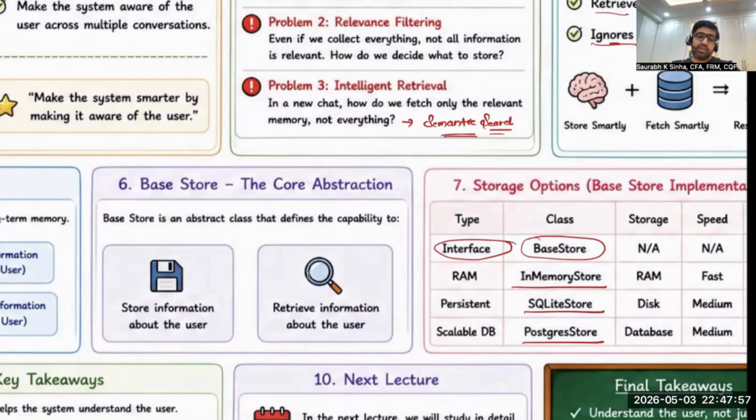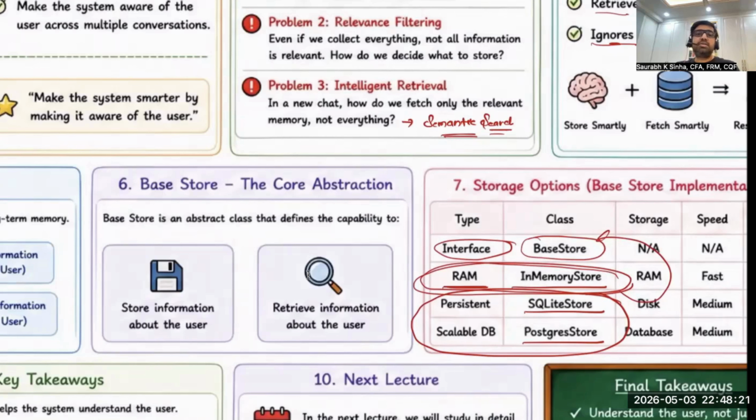or Redis-based storage, right? Now, InMemoryStore is the actual class which you will use if you want to implement long-term memory in RAM. If you want durable persistence, you will use these other classes. But understand these classes are built on the BaseStore class.